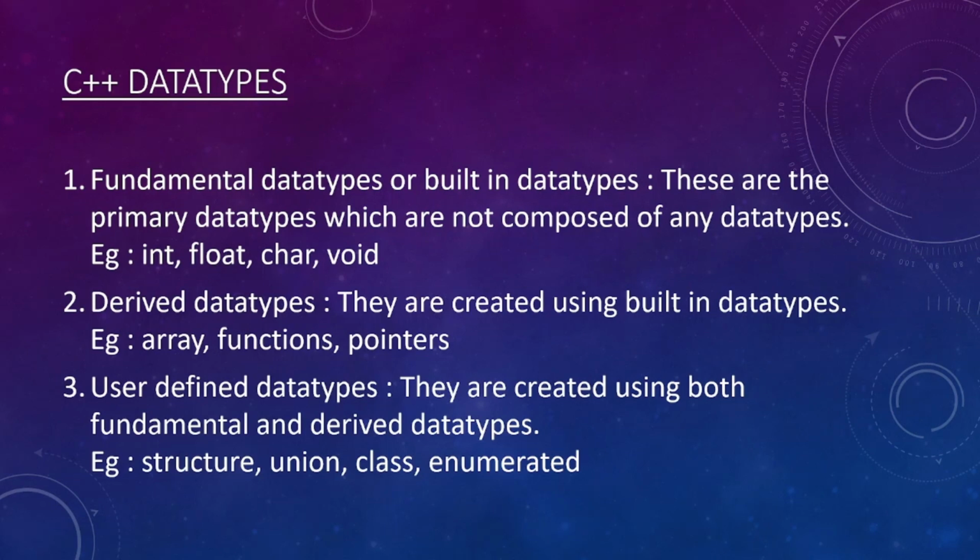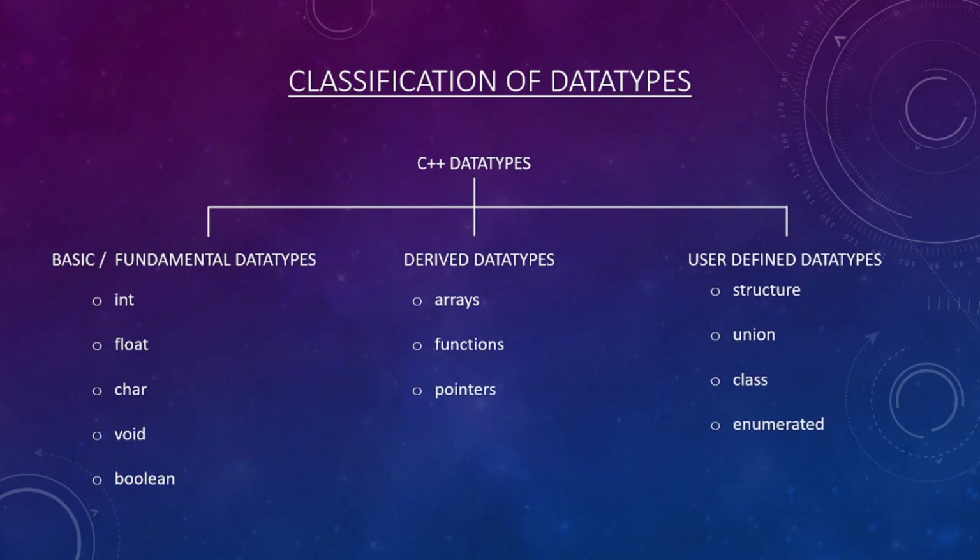So what is my sugarcane here? It is the fundamental data type. Hope you understood the concept. Now coming to these examples like int, float, character, void, I'll be teaching you all of these in detail in this video. So the examples include int, float, char, void, and boolean.